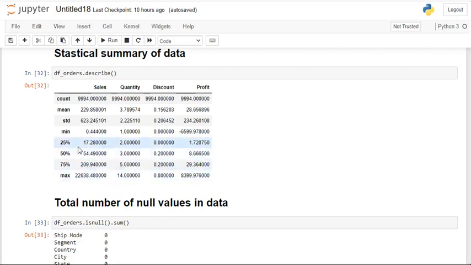At 25% the sales is 17.28, 50% 54.49, and 75% 209. So these are the quantities, and these are the discount, and these are the profit. The maximum profit value is given, and the minimum profit is here.